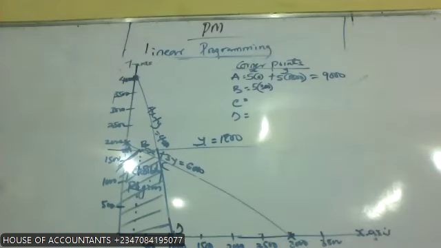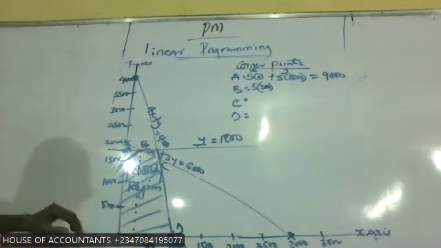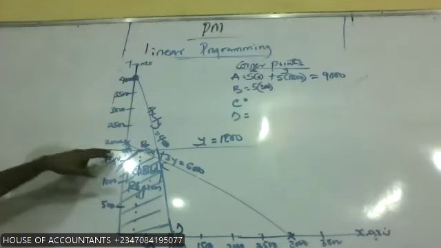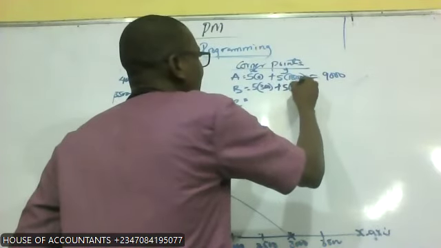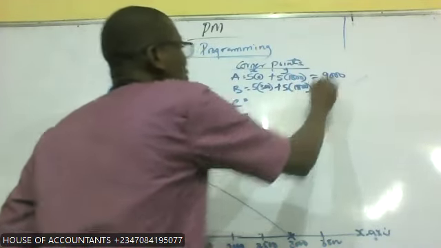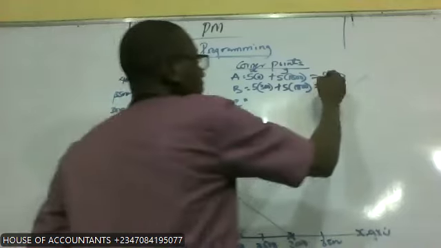So when X is equal to 300, Y will be what? Y is 1/8. What is the total? 10,500.